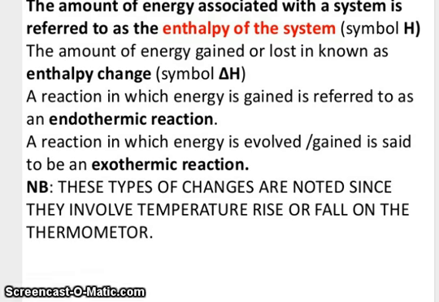A reaction in which energy is lost is said to be an exothermic reaction. These types of changes are noted since they involve a temperature rise or fall on the thermometer.